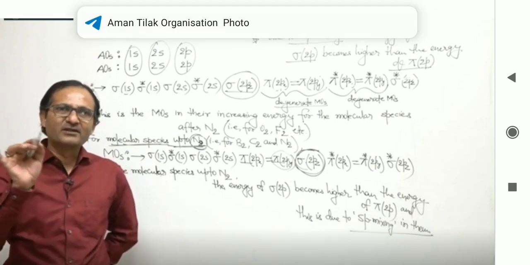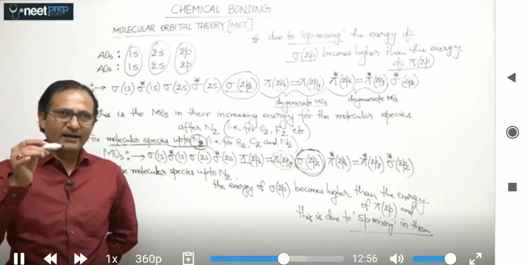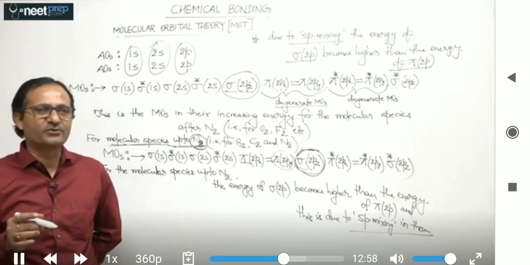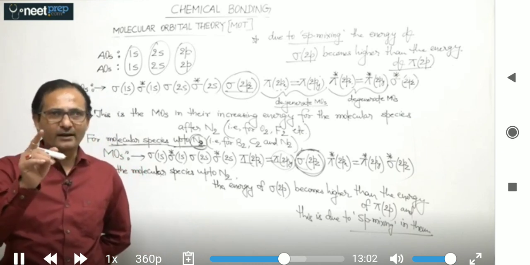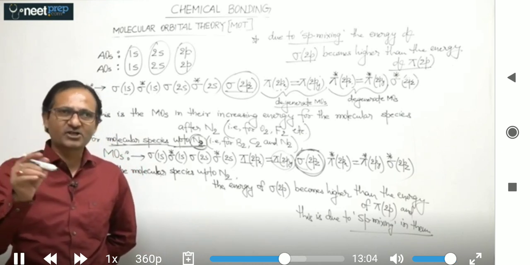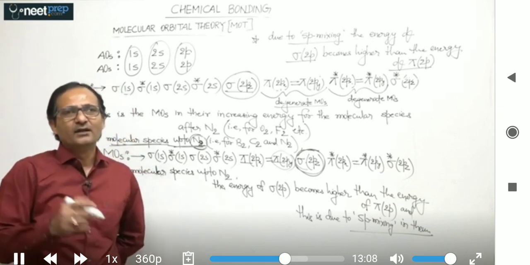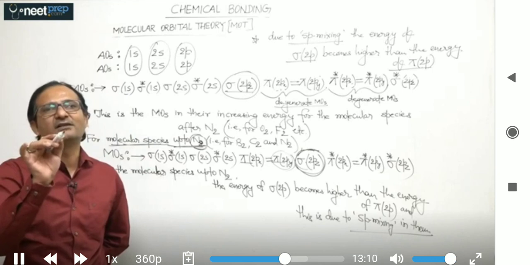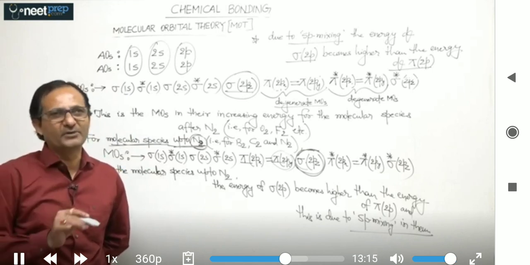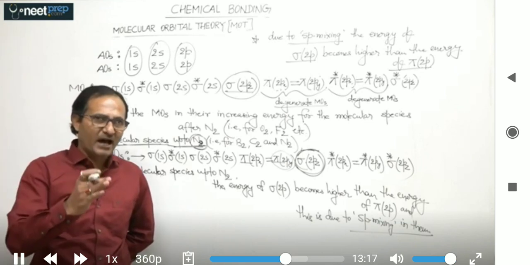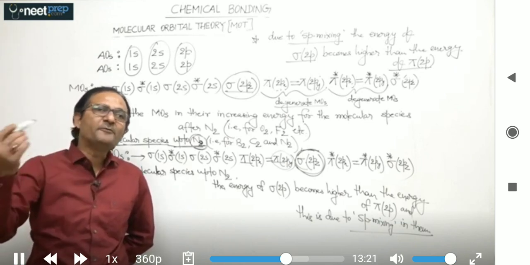Up to the element N, that is in boron, carbon and nitrogen, you see that in boron there is 2p1 in the last shell, in carbon there is 2p2, and in nitrogen there is 2p3. That is, p orbitals are singly filled, no pairing of electrons in p orbital is there. But after N, that is in O, it becomes 2p4.